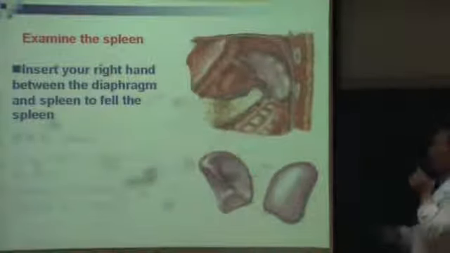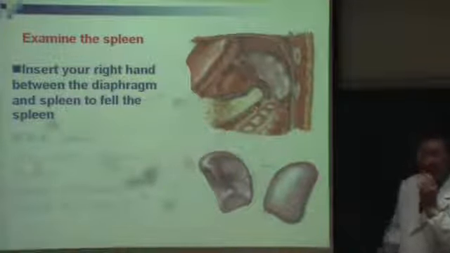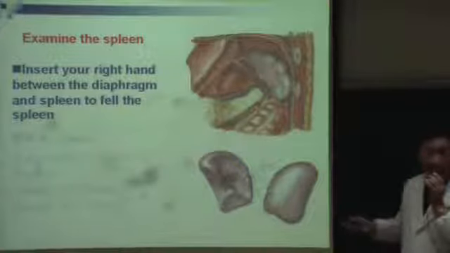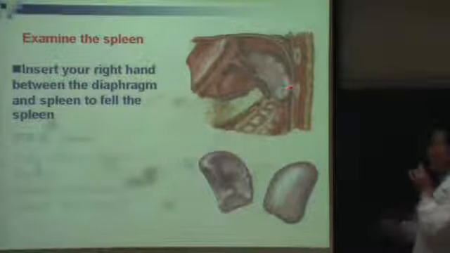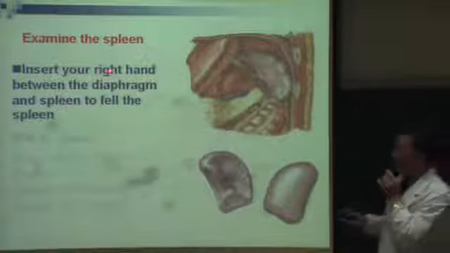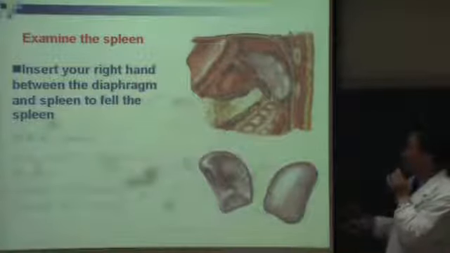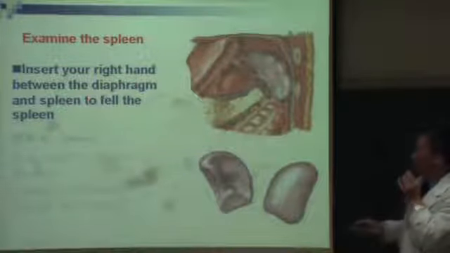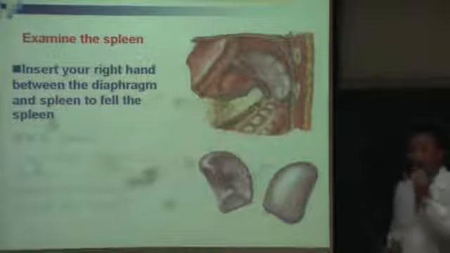And then you should examine the spleen. What is the spleen? Where is it located? Yes, you have already known. You should insert your right hand between the diaphragm and the spleen to feel the spleen, to touch it.